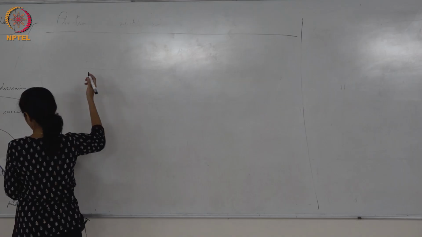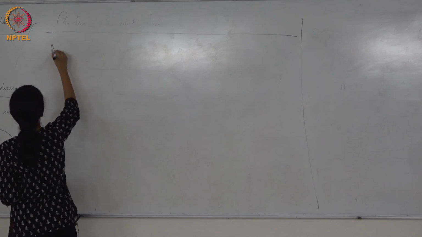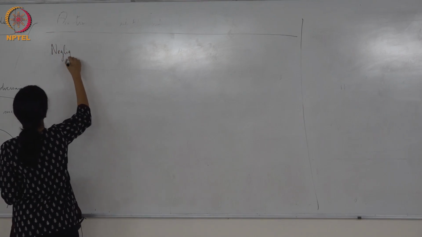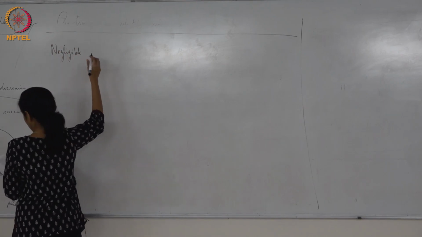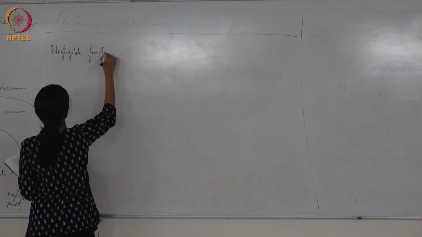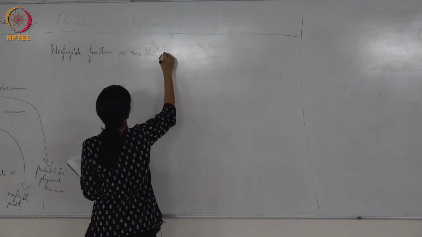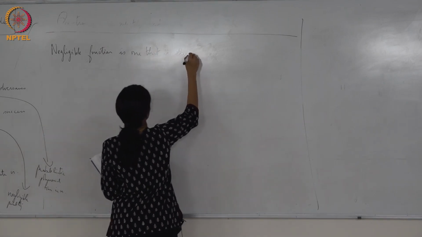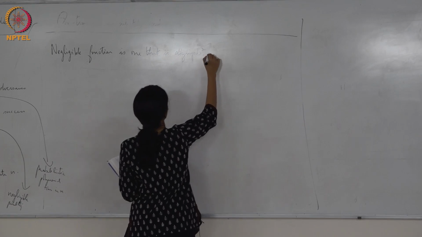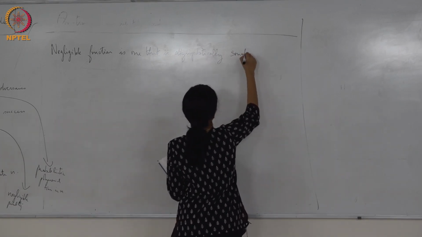Informally, a negligible function is one that is asymptotically smaller than any inverse polynomial function.